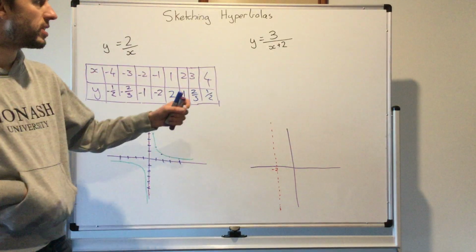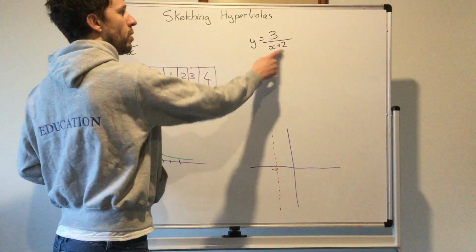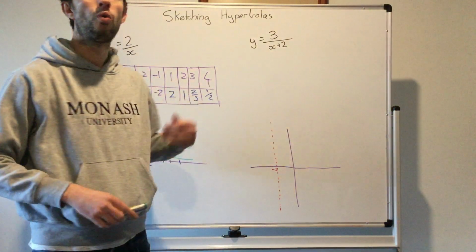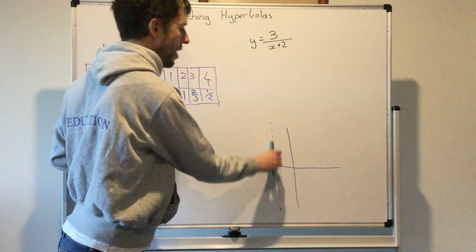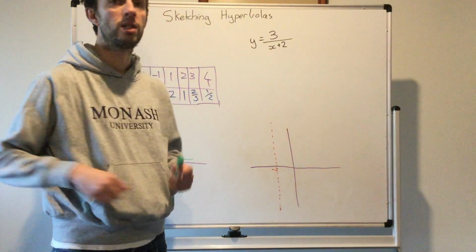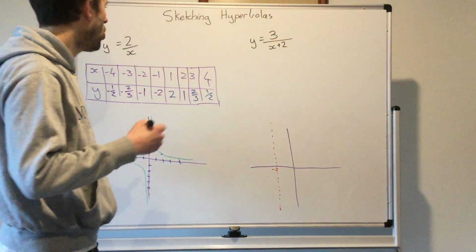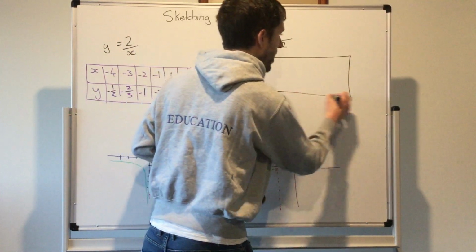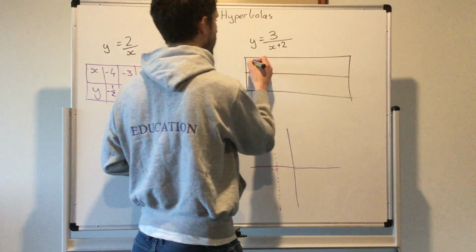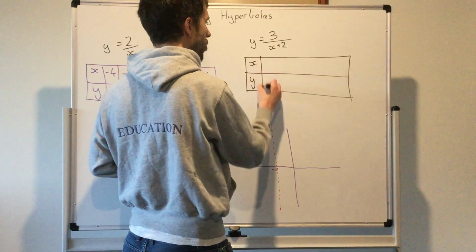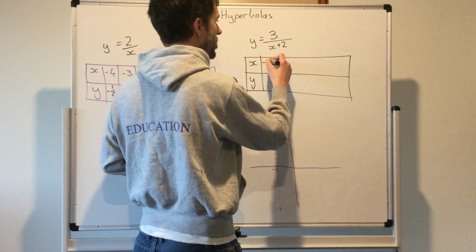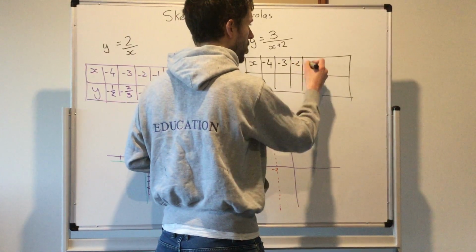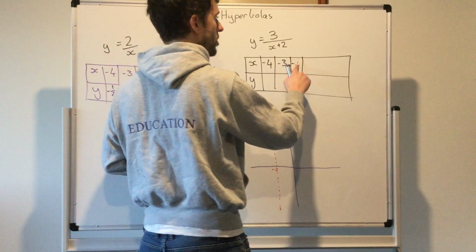Now remember what we said with our asymptote? Because the bottom cannot equal 0, we had to work out when does it equal 0? And that is our asymptote, which I've got here, which is -2. Again, all we are going to be doing is substituting our values into our graph for x and for y. I'm going to use the same values as before. I can't do -2, so I'll change it.